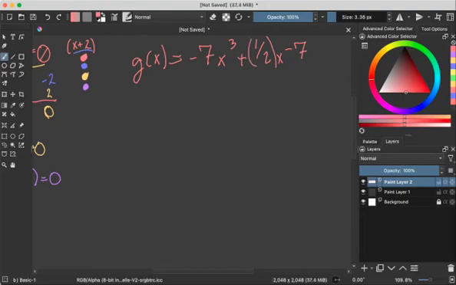When graphing the general equation, we are going to look at the degree and leading coefficient. The degree is usually the little number up here, which in this case is a 3, meaning that the equation is cubic.